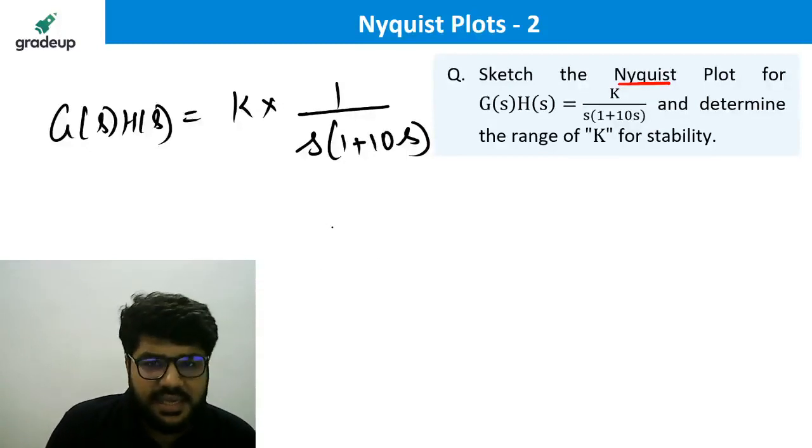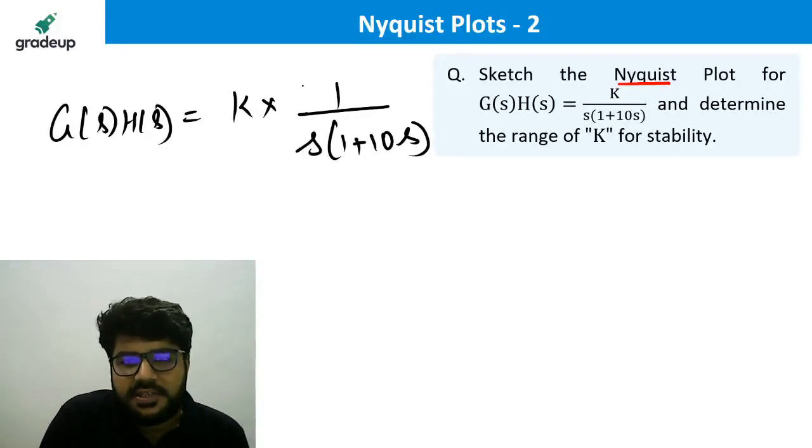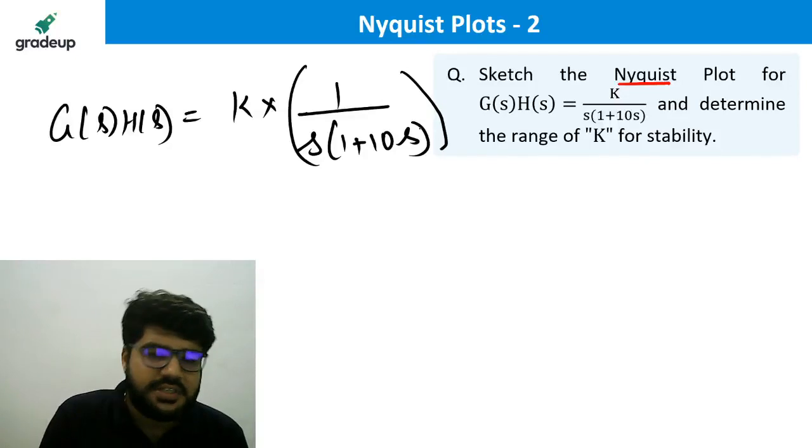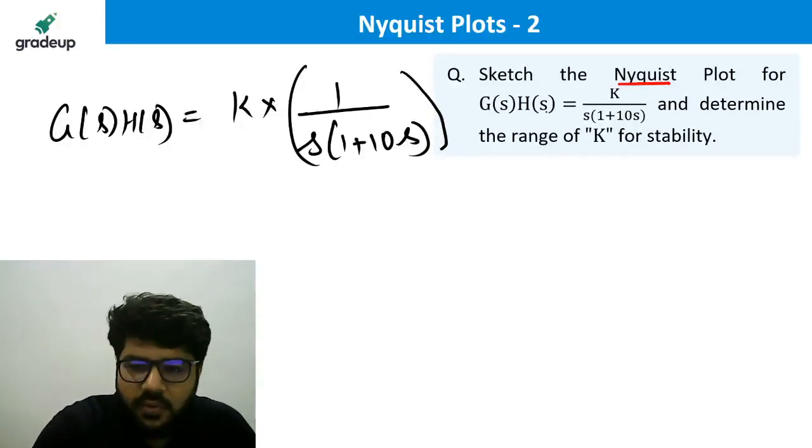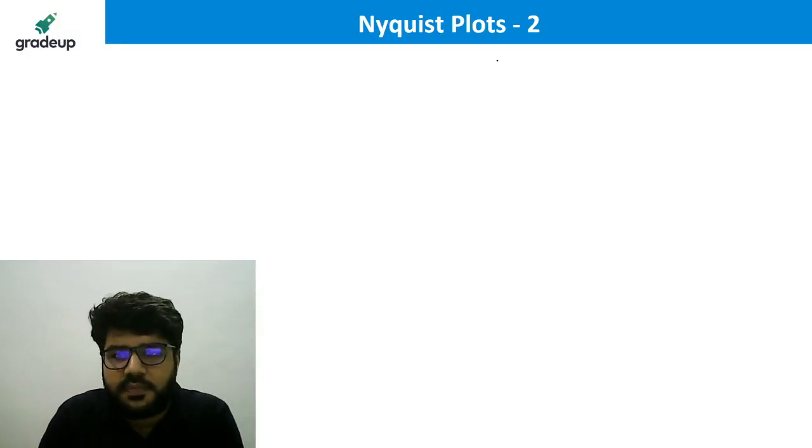Now if that is the case, guys, we have already seen the polar plot for this. Let me first take the polar plot because we have already learned that.